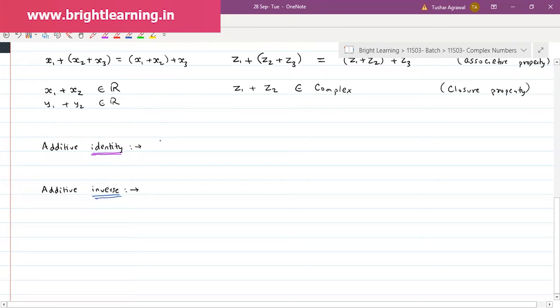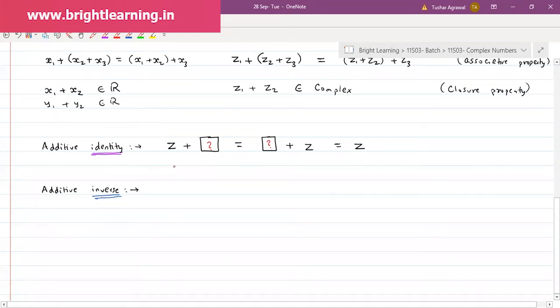So find a number in the bag of complex numbers which, when added to Z, or added in the opposite direction also, should give me Z only. Whatever number you find, if you can find some number such that, that red question mark will be my additive identity.